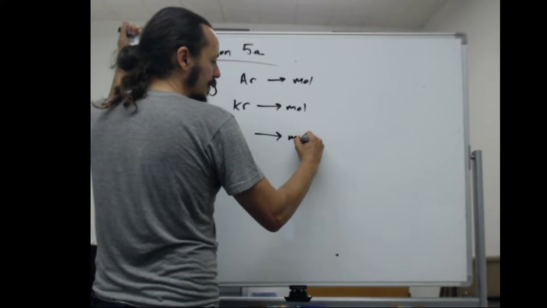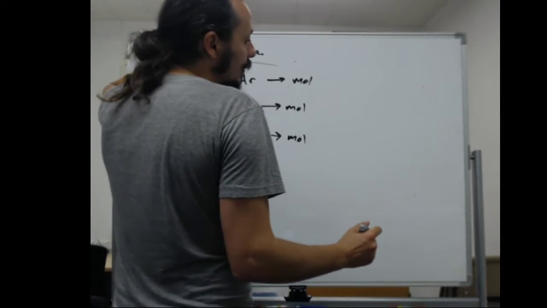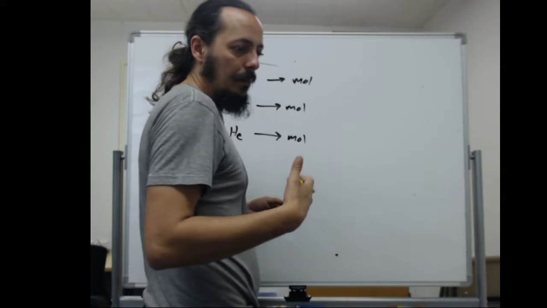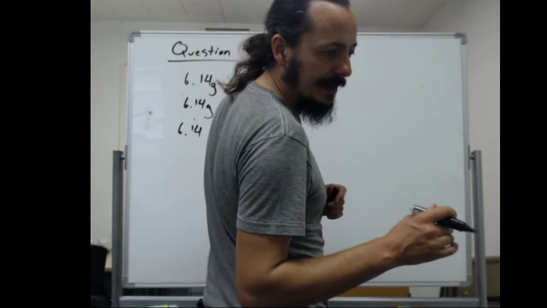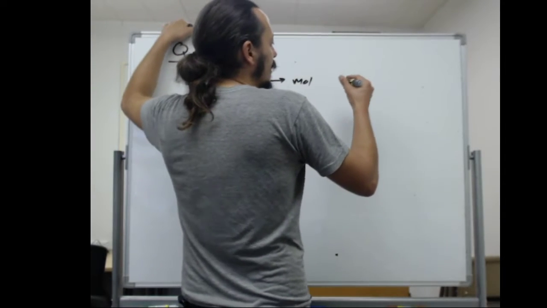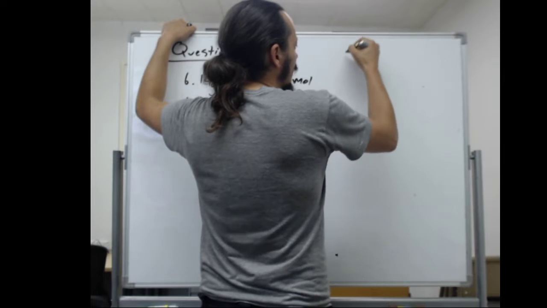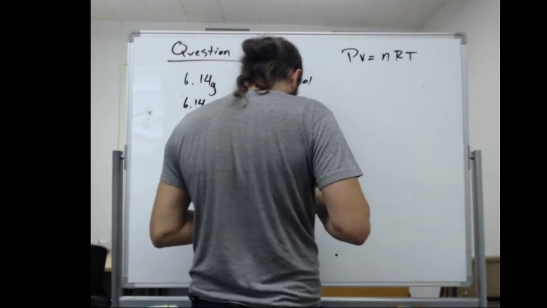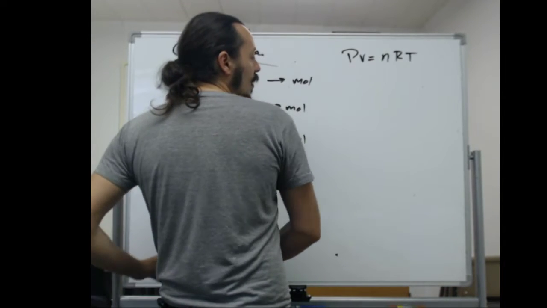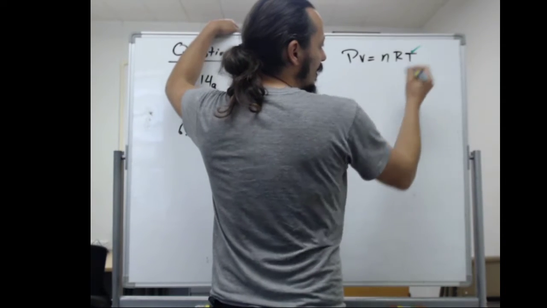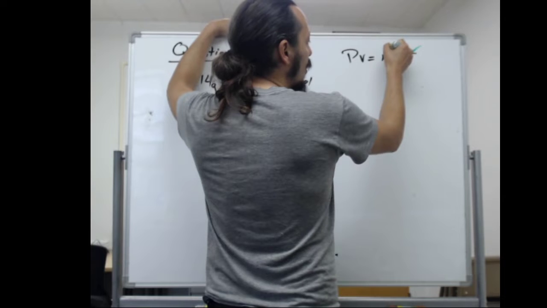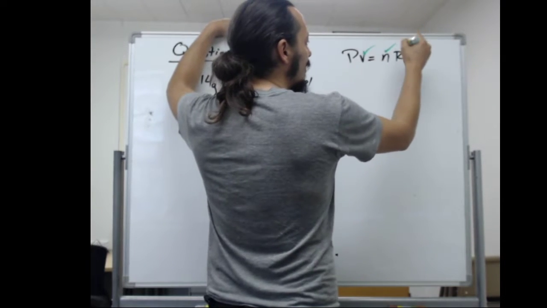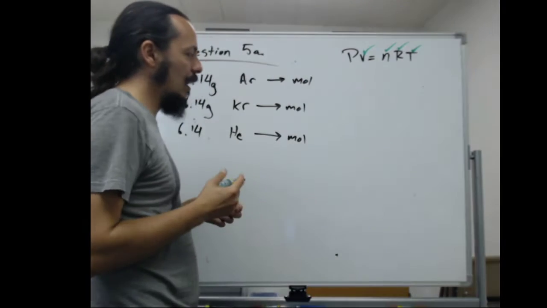We can, of course, get this to moles of each. And then from the moles, we are given a pressure. Sorry, we're not given a pressure. We're given a temperature and a volume. So we're going to be using PV equals nRT, where the temperature is given, the number of moles can be calculated, the volume is given, and the ideal gas constant is known.